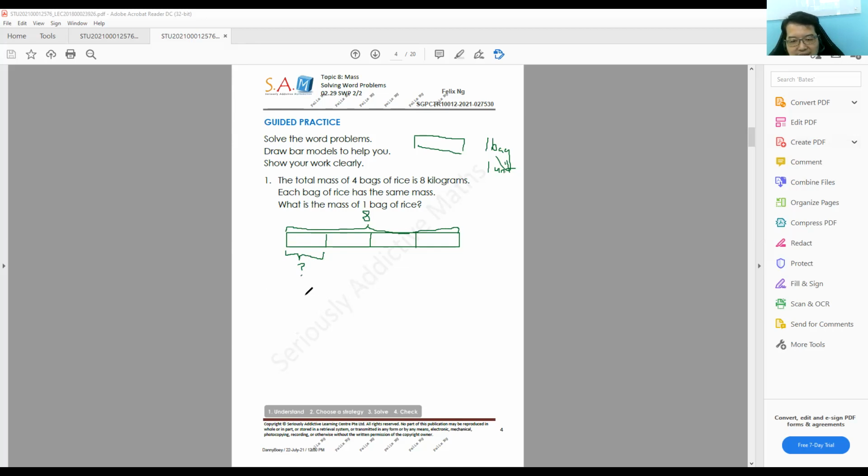Division, right? So 8 kilograms divided by 4 bags, you get 2 kilograms. So the mass of 1 bag of rice is 2 kg.